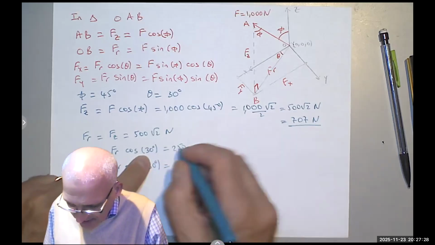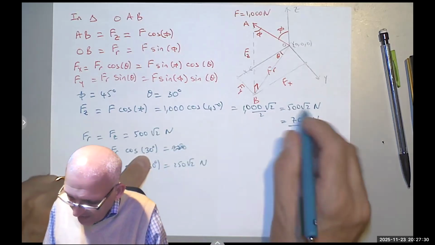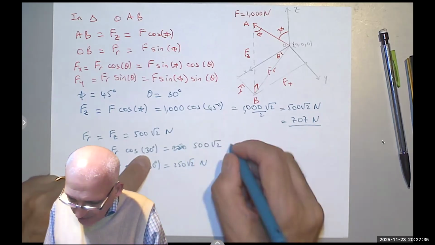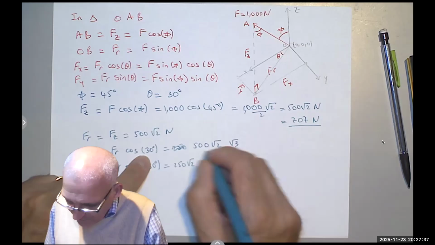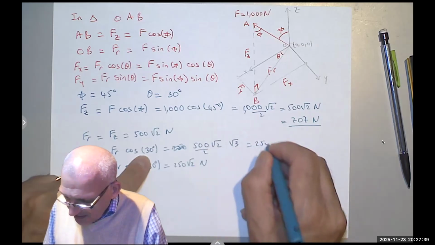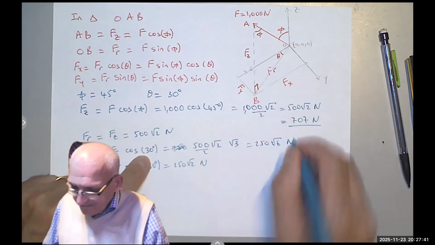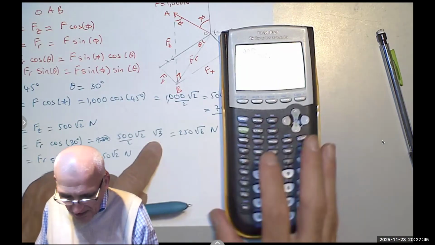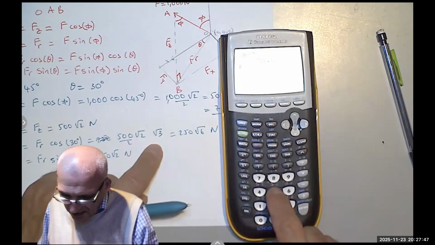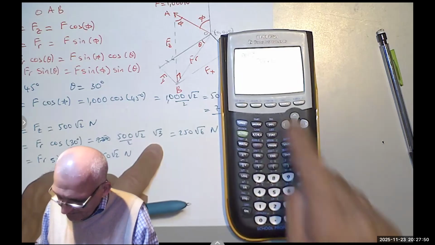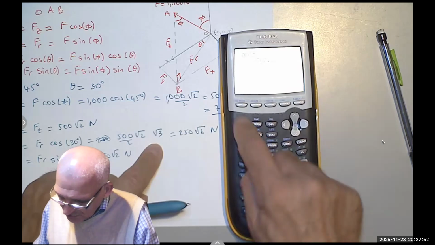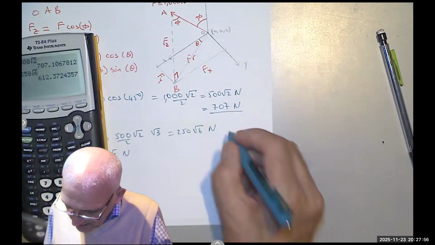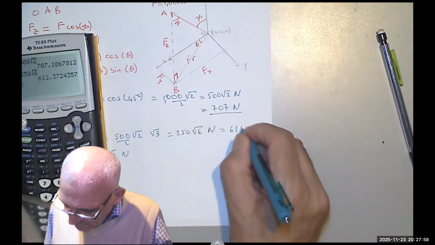And this is 250. Notice, root 2 cosine. So let's write it. Fr is 500. It's better to write it like that. And then you multiply by root 3 over 2. So you get 250 root 6 Newton. Of course, you can evaluate these two. Oops, I'm sorry. 250 square root of 6 is 612.4.